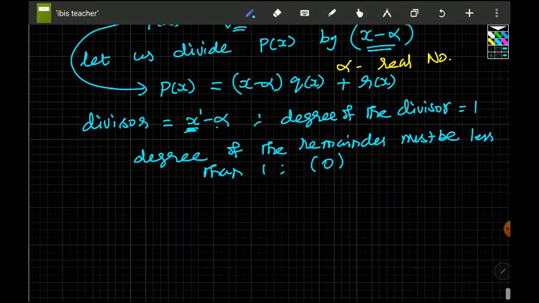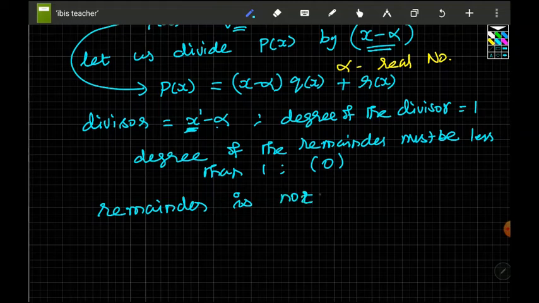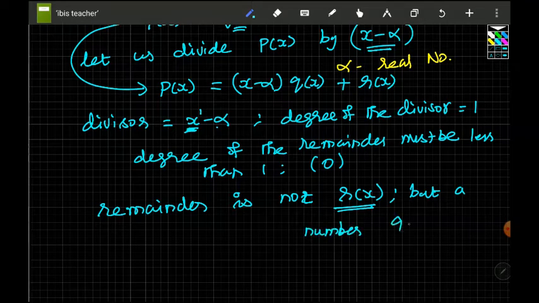If it is 0, then the remainder is not r of x, because the remainder will not be in terms of x but a number. Less than the degree 1 means 9 x power 0 it can be.